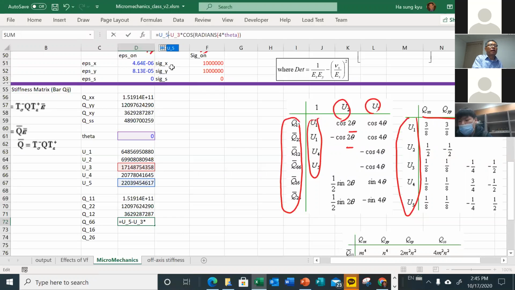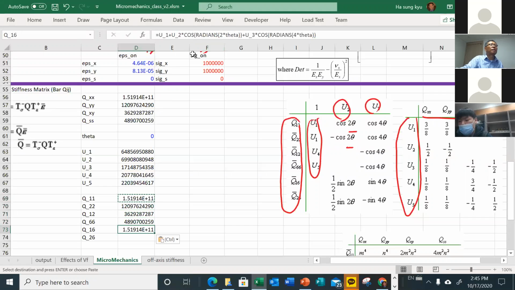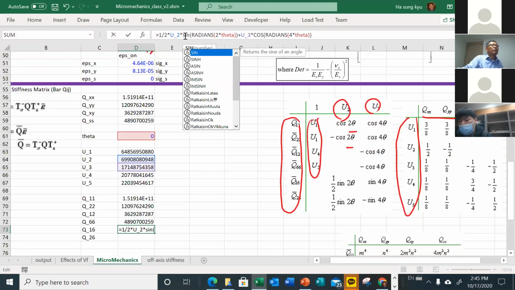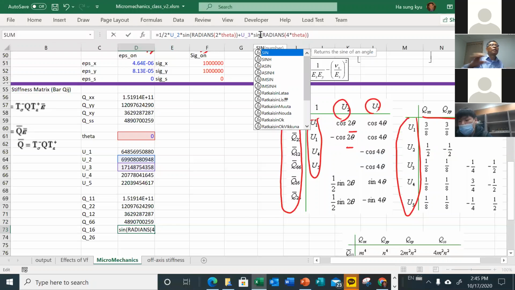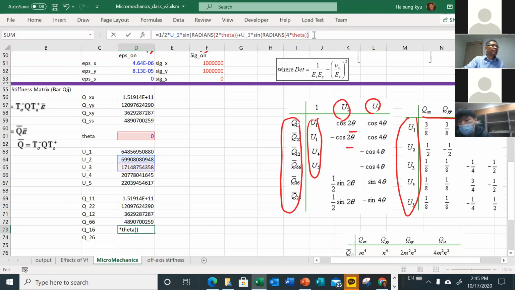U4, you have U5 and U3 and minus. Okay. And Q16, U2 times 1/2 and sine of 2 theta and twice U3 and this is also sine of 4 theta in radians.